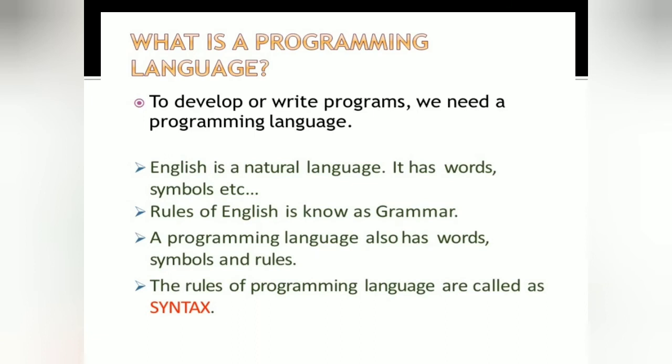So programming language has words, symbols, and some rules, and the rules of programming language are called syntax. So the rule of English is known as grammar, the rule of Hindi is known as Vyakaran, and the rules of programming language will be known as syntax.